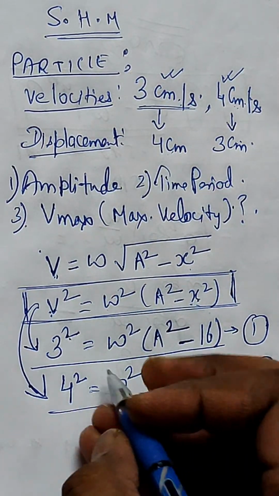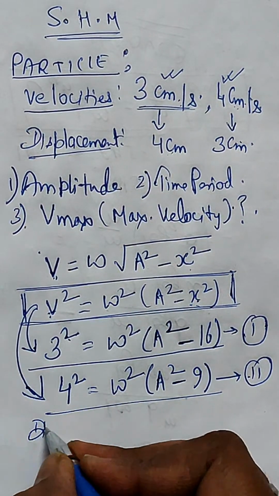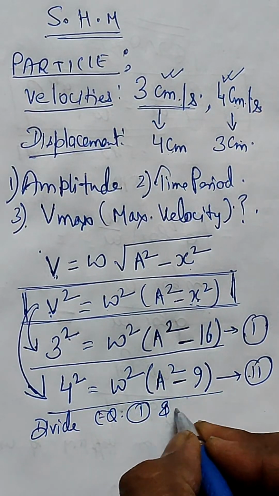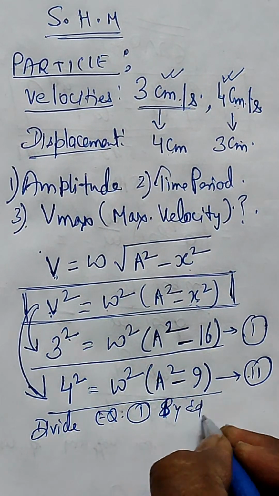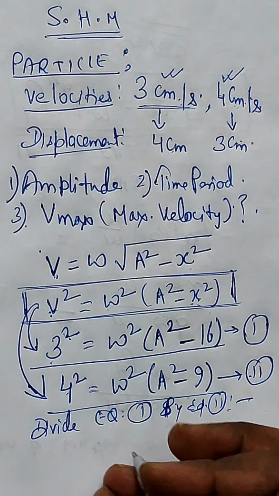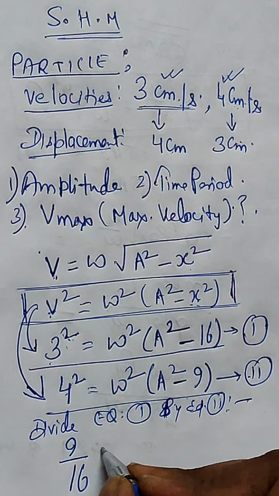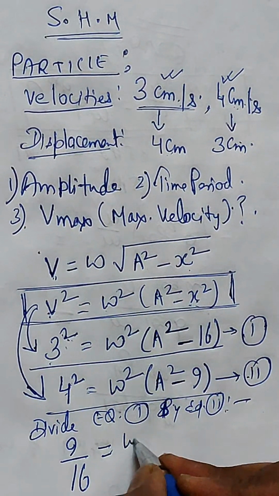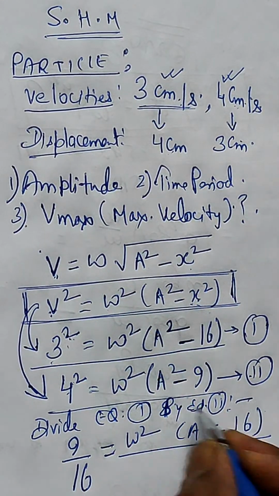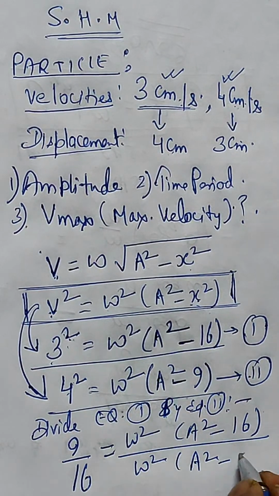Now do one thing: divide equation number 1 by equation number 2. When you divide it, you will get 3 square by 4 square, that means 9 by 16, equal to omega square a square minus 16, divided by the denominator omega square a square minus 9.